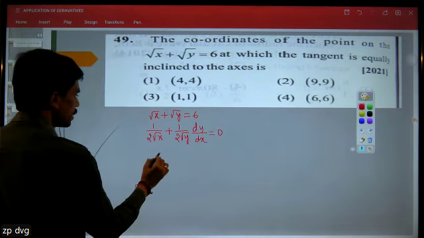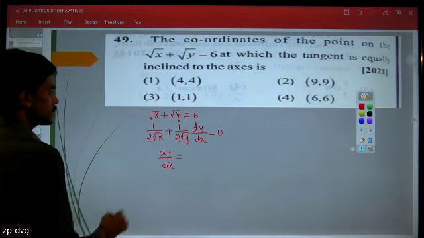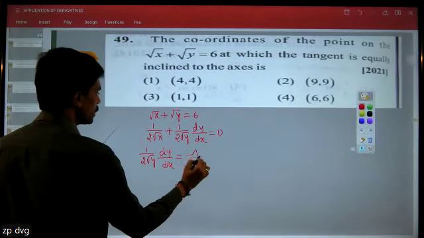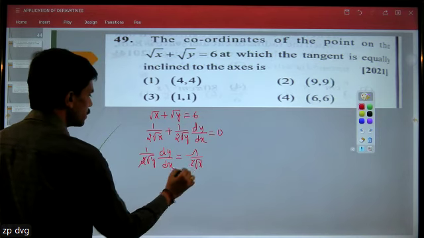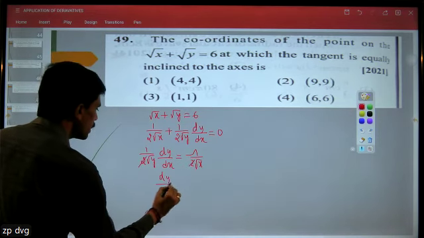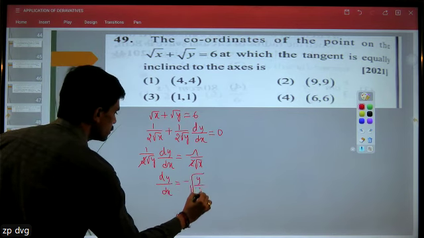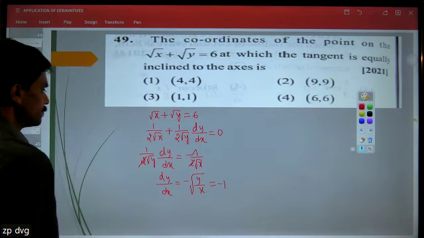So 1 by 2 root y into dy by dx equal to minus 1 by 2 root x. The 2 gets cancelled. Then we get dy by dx equal to minus root of y by x. So here x equal to y means dy by dx equal to minus 1.